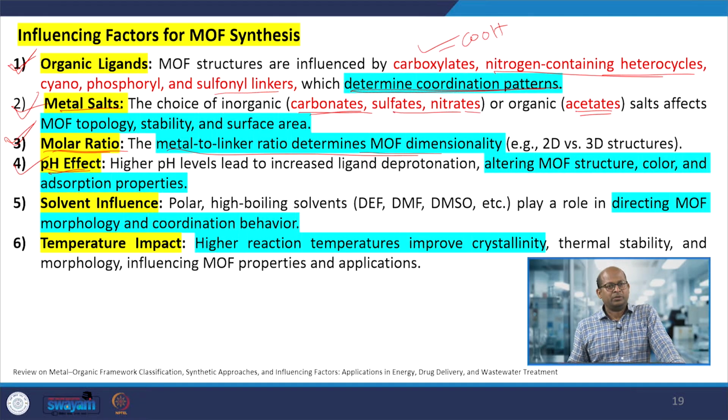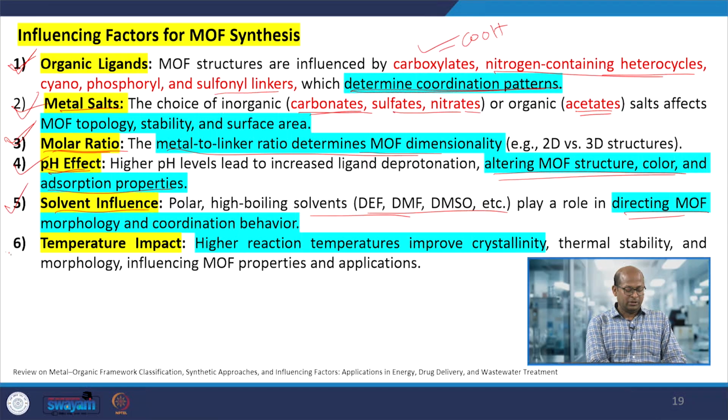When we prepare the MOFs by a particular synthesis method, pH is also important. pH also changes the structure, colors or adsorption properties of the MOFs that will be prepared. Even the solvent: I said we can use different types of solvents, organic solvents or water, and that also will change the structure, coordination and behavior of the MOF that will be prepared.